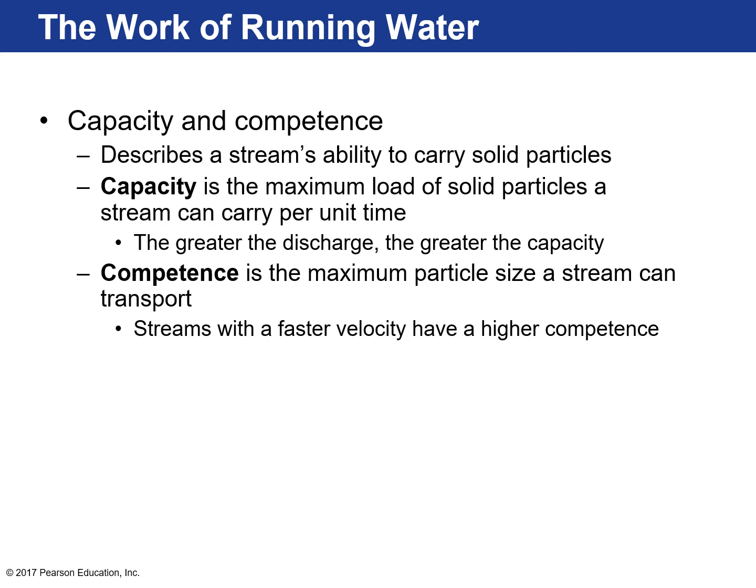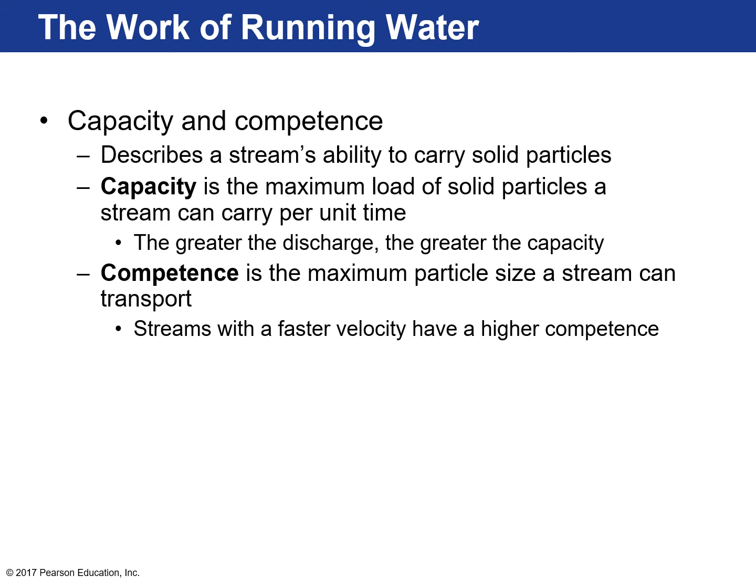So if you've got more water, it's carrying more sediment. Like the Mississippi River, for example, not the fastest moving river, but it's super wide, and there's a huge volume of water moving through it. So its capacity is immense.